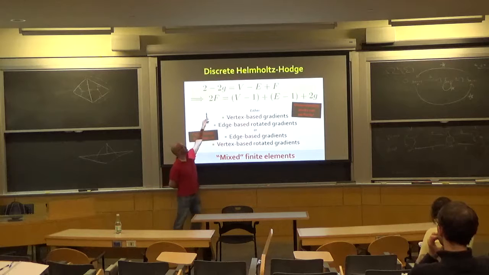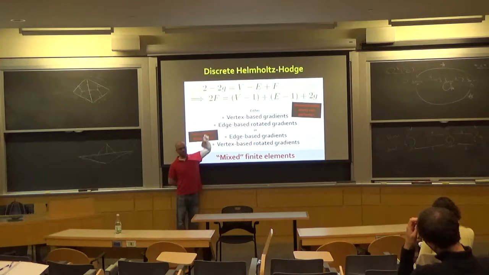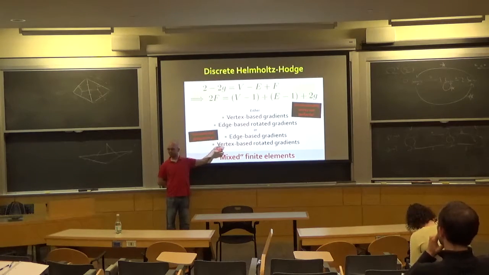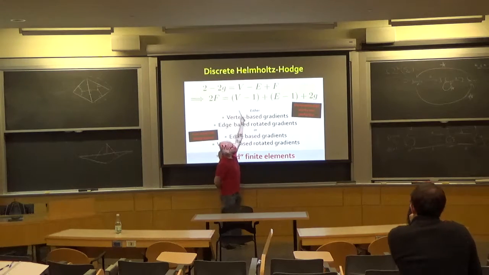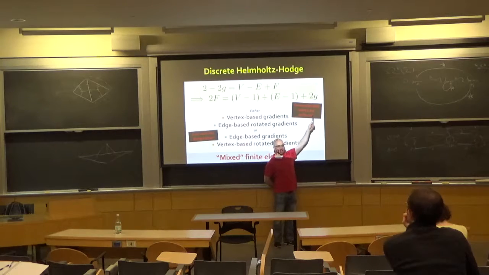Well, look what happens. I have 2 times the number of faces. This is like the dimensionality of any face-based vector field. Let's say I want to decompose this as grad of a function plus rotated grad of another function plus something harmonic. Well, look what this gives me. V minus 1 plus E minus 1 plus 2 times G. Yeah? Well, 2 times G is the number of harmonic vector fields, right?